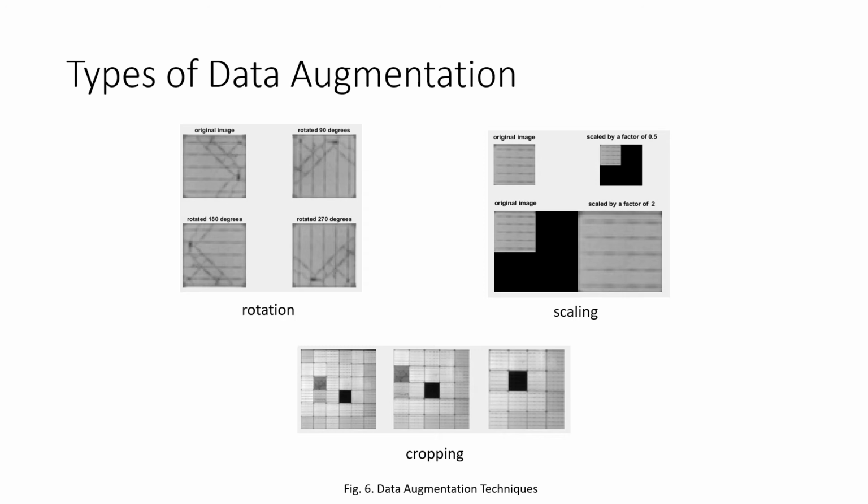It will decrease the original image to half size, and also you can increase by a factor of 2, so the image is twice the original. And for cropping, it depends on what particular region or portion of the image you want to crop, so you can enlarge this image.